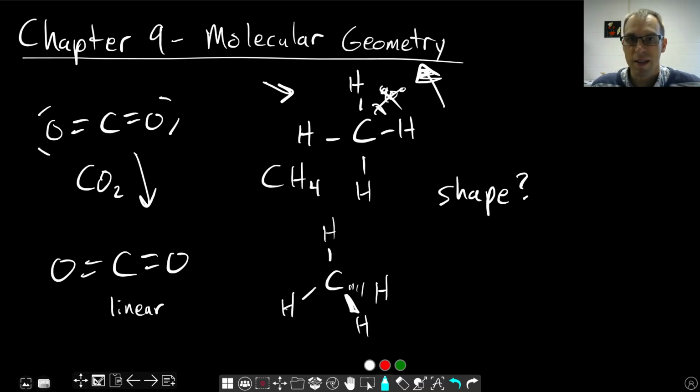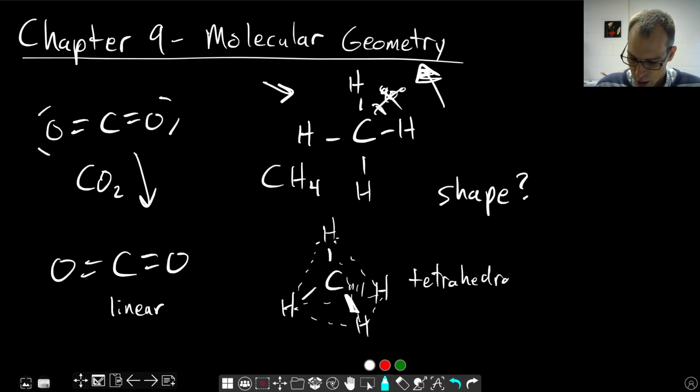But methane is this three-dimensional structure that looks like a pyramid. So if you connect all the hydrogens, you get what's called a tetrahedron. And it's not this flat structure, but instead it's this pyramid-shaped structure. So this has what we call tetrahedral geometry. And we will learn how to figure this out throughout the course of this chapter.